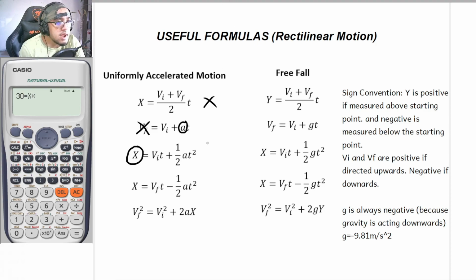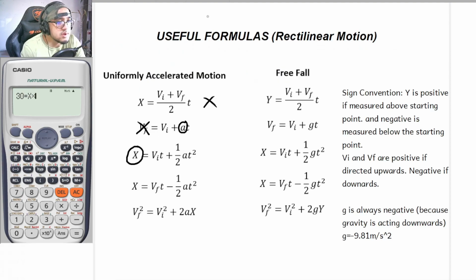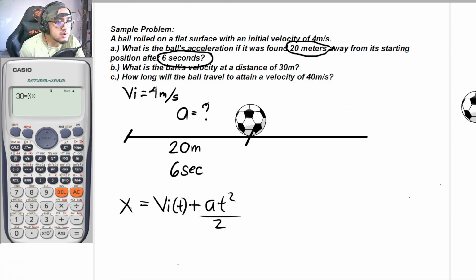I will rewrite this equation to our next slide. So x is equal to the initial velocity times time plus the acceleration times the time squared divided by 2. Once again, this is basically this equation. Substituting known values, our x is equal to 20 meters.